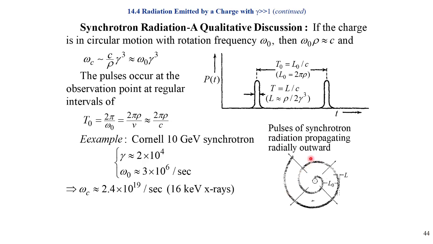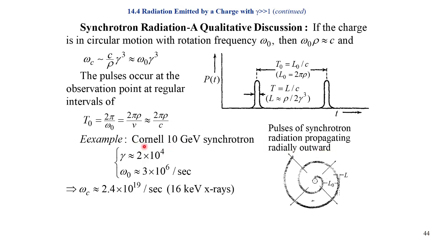We have more than one pulse inside, more than one bunch, a lot of bunches, so the frequency will be higher than that. Let's think just one bunch, you can estimate T0. That's the fundamental, the period for one turn, one revolution. The pulse of synchrotron radiation propagates radially outward.